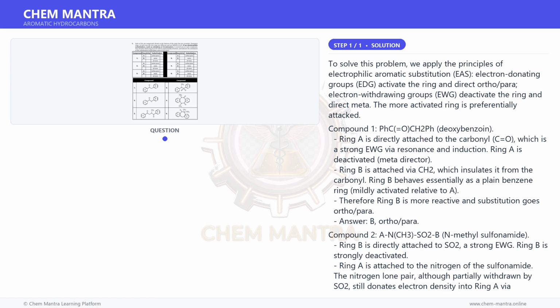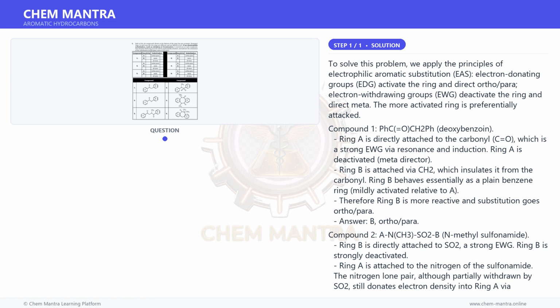Comparing, the amide C=O attached to ring B is less deactivating than the ketone C=O attached to ring A. Amide resonance reduces the electrophilicity of the carbonyl, making it somewhat less EWG toward the ring. So ring B is relatively more reactive than ring A. Ring B is attacked preferentially. Meta orientation. Answer: B, meta.